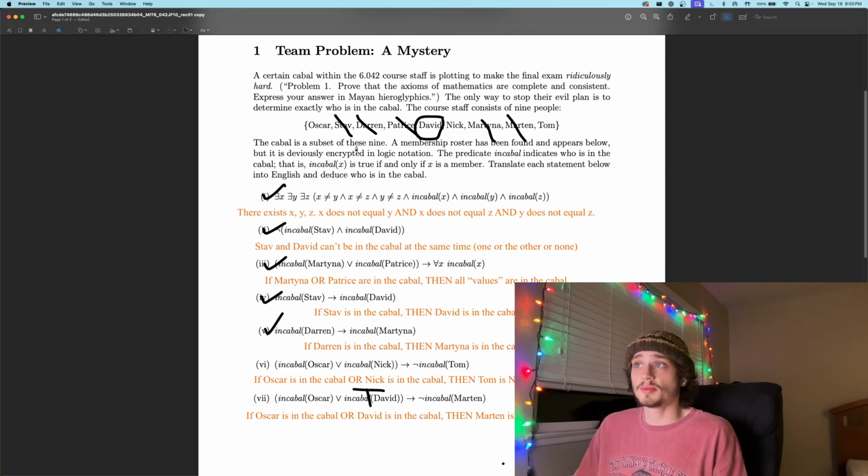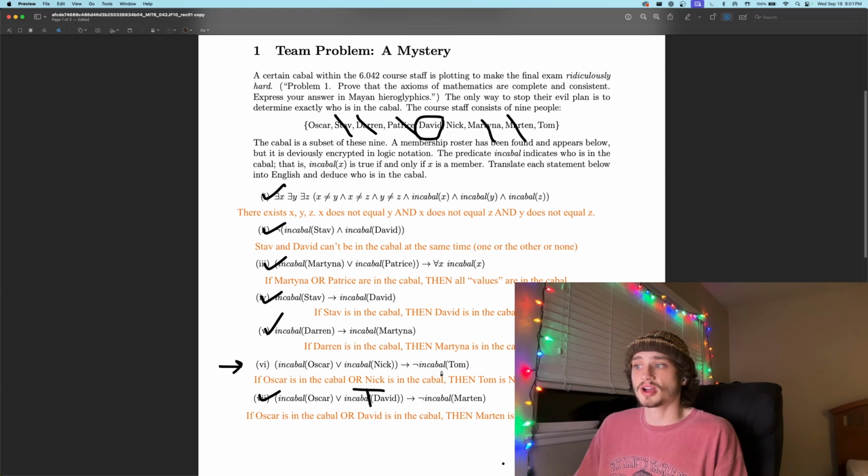We are left with 3 people, Oscar, Nick, and Tom, and we need to find out which 2 of them are actually in the cabal with David. Fortunately, we have one statement left where all 3 of them are talked about. If Oscar is in the cabal or Nick is in the cabal, then Tom is not in the cabal. This one can be a little tricky because we need to think about it a little bit creatively. Let's just say that Oscar is not in the cabal and Nick is not in the cabal.